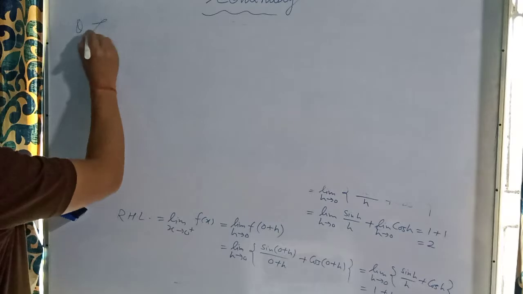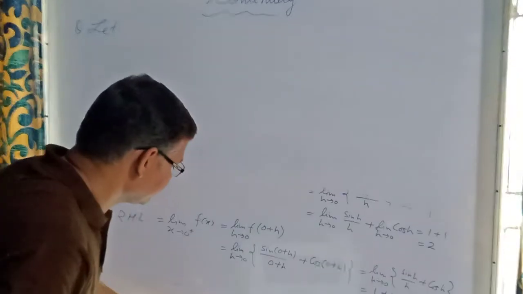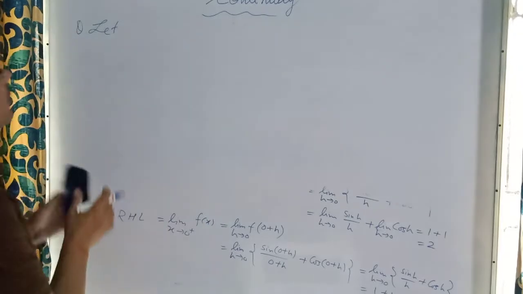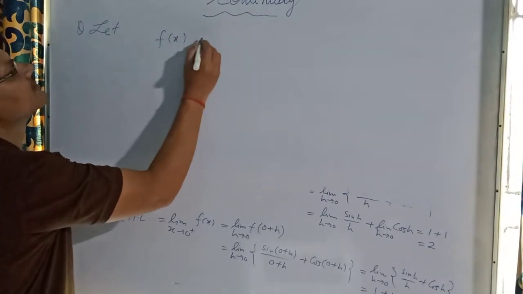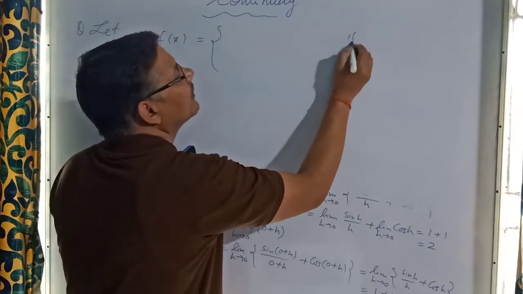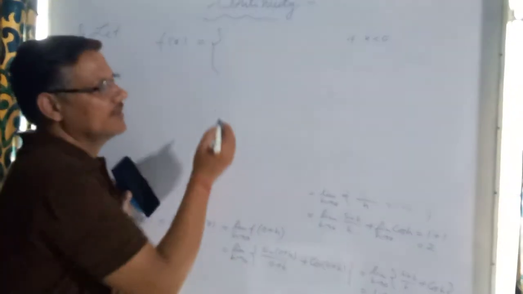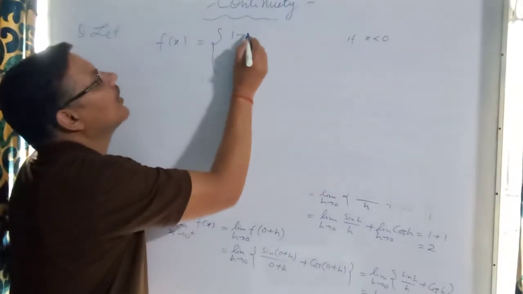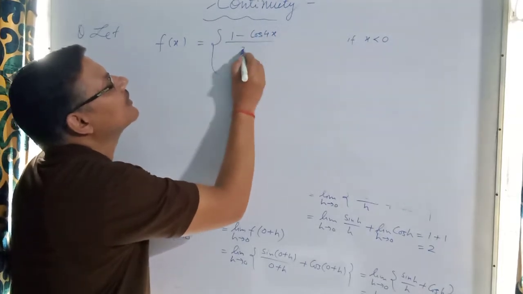So let the function f be defined as: if x is less than 0, then the value of the function is (1 minus cos 4x) divided by x squared.